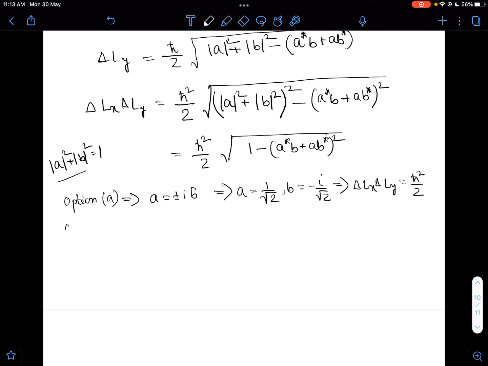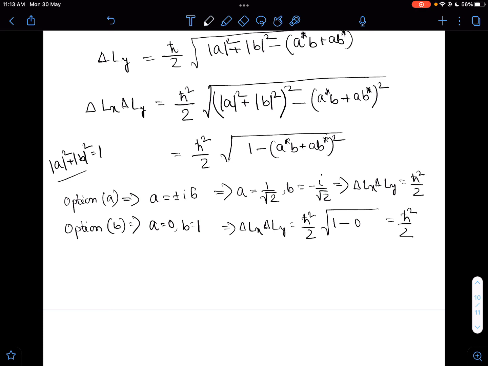Now check for option B. For option B, we have a = 0 and b = 1. If we consider this, then ΔLx ΔLy is ħ²/2 times the square root of (1 minus 2ab). a is anyway 0, so it will be ħ²/2.